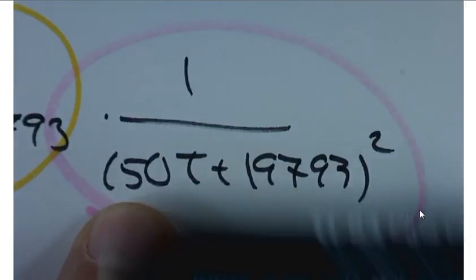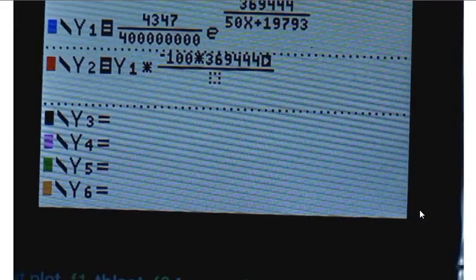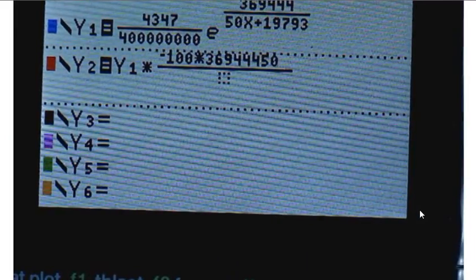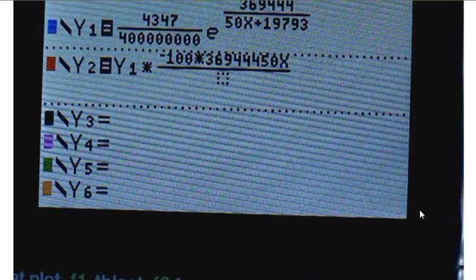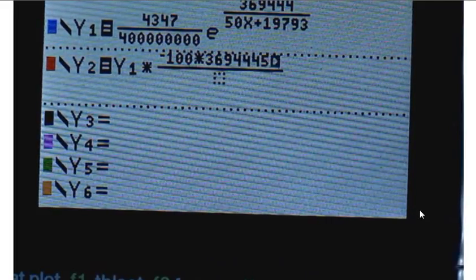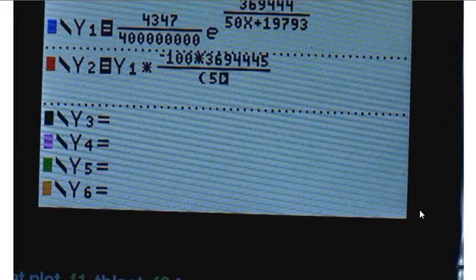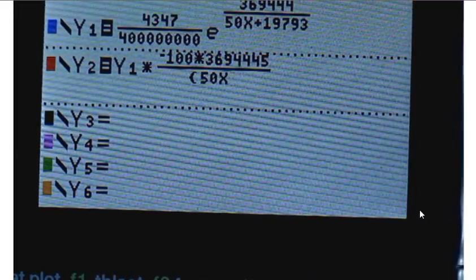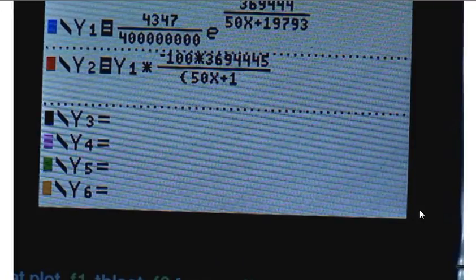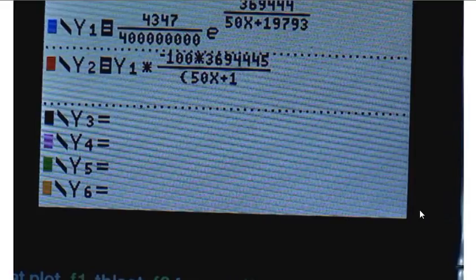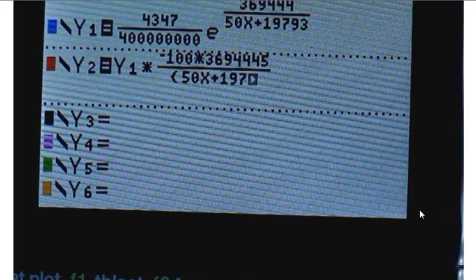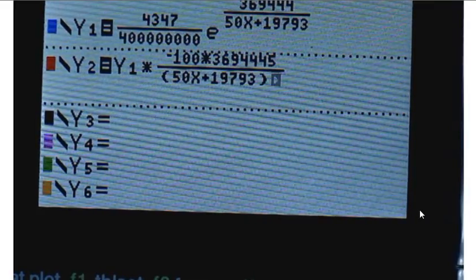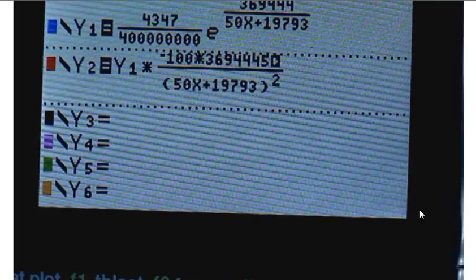So I'll put that in with the x's. 50x, oops, that has to go in the denominator. So parenthesis 50x plus 1.19793, parentheses squared. And you're right, I got an extra 5 up here now.